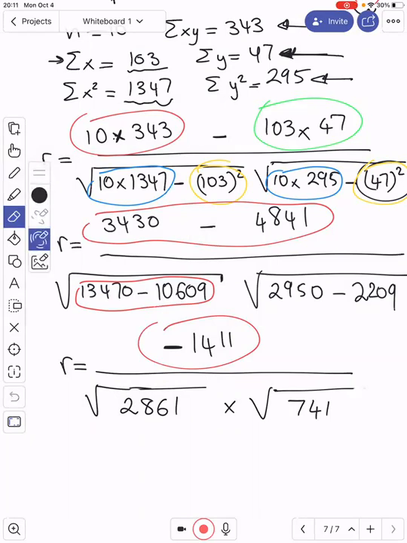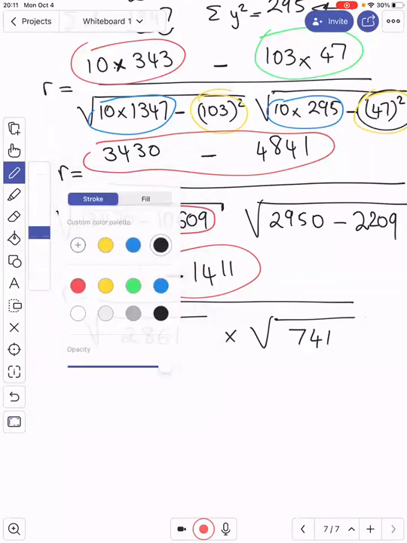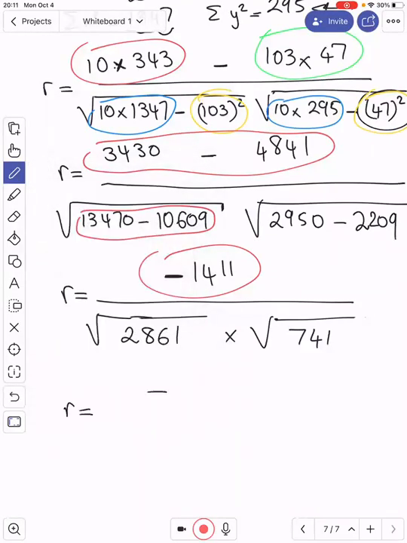Now we need to do the square roots, right? So then R is going to be negative this 1,411 over. So first we need to do the square root of 2,861, right? So that will be equal to, I think, 53.48 or something. Okay.